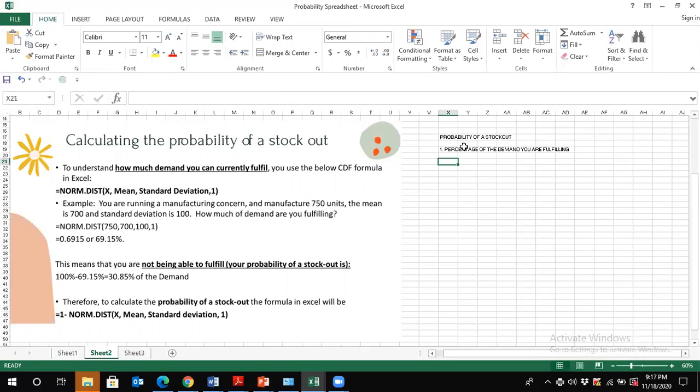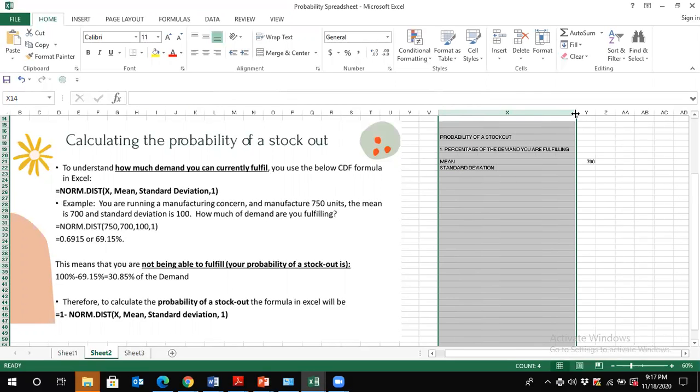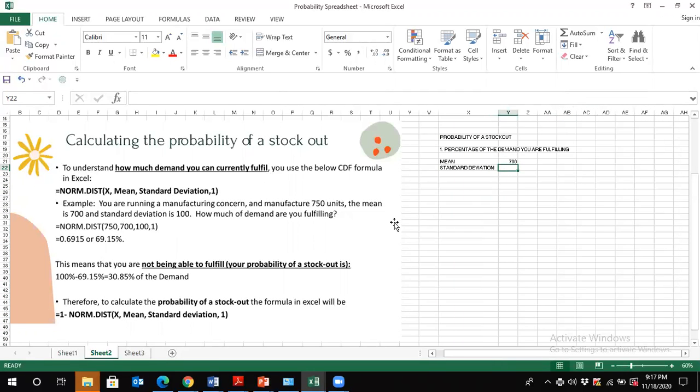Just please remember that in these questions, you will always be given two values. The first one is the mean. And actually you'll be given 3 values. So the mean in this example that we are going through is 700. You are also going to be given the standard deviation, which in this formula is 100.